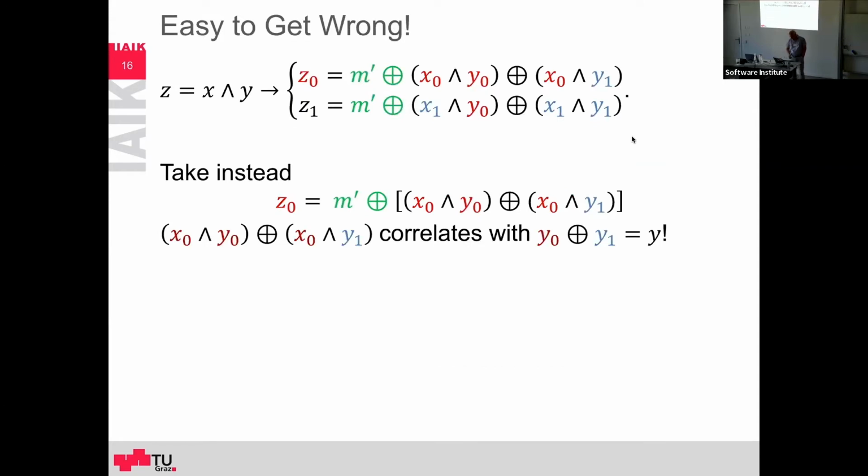Let's say we do things a little bit differently. What I have up here is I just assumed that the XOR is left associative, and that you compute this XOR before you do that one. If you turn that around, then here you combine Y0 and Y1 before you add new randomness, and this gives away your secret, right?